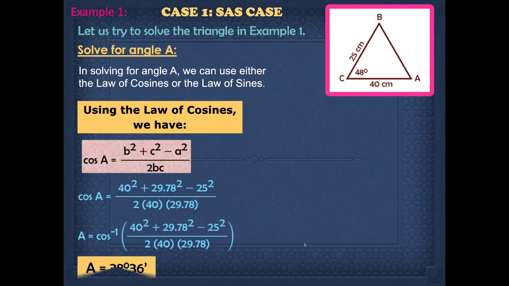And by using your calculator, you will arrive at this value. A is equal to 38 degrees, 36 minutes. This degree measure is expressed in terms of degrees and minutes.